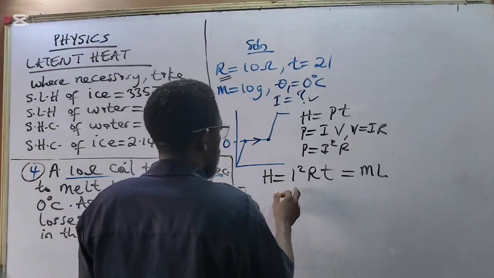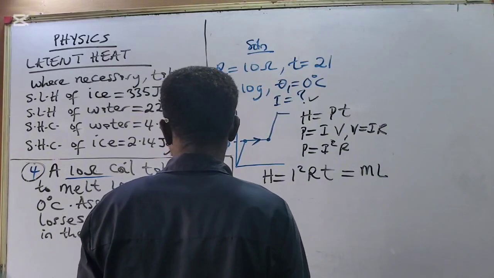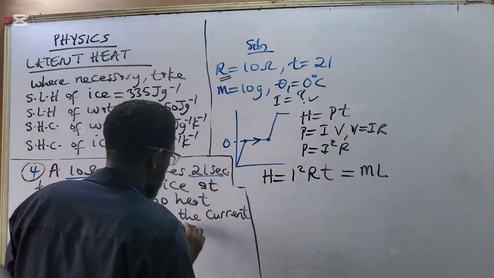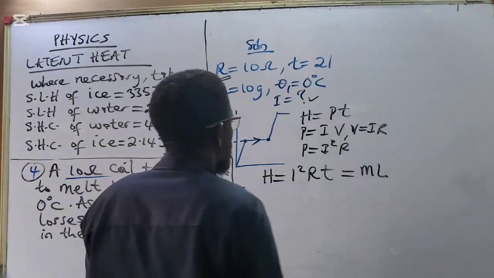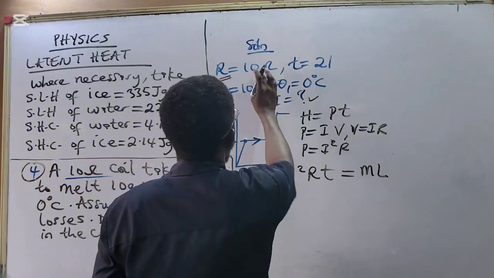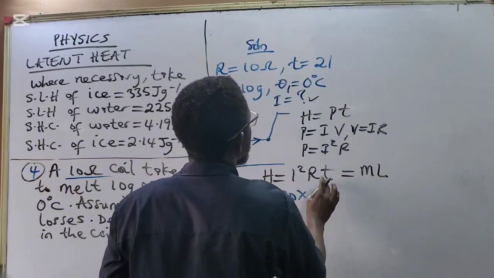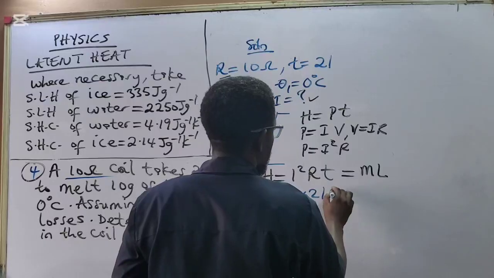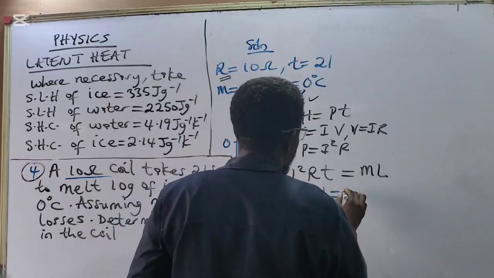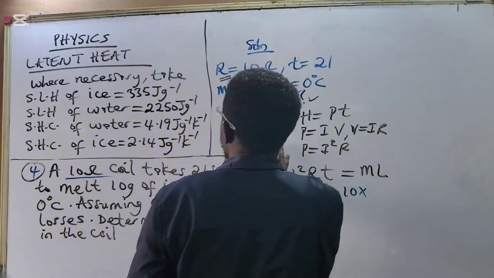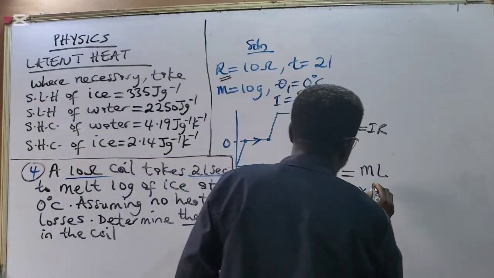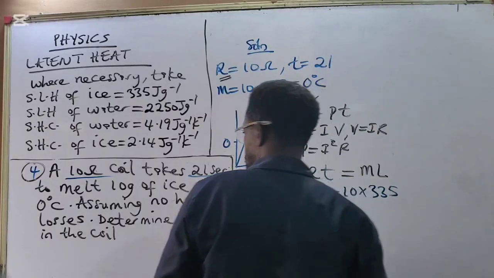So the current, we're looking for the current. Assuming no heat loss to the surroundings, determine what's the current. Since we have to calculate current, I squared R t. So I get I squared times R, which is 10, times 21, equals the mass of ice, which is 10, times the specific latent heat of fusion of ice, that's 335.